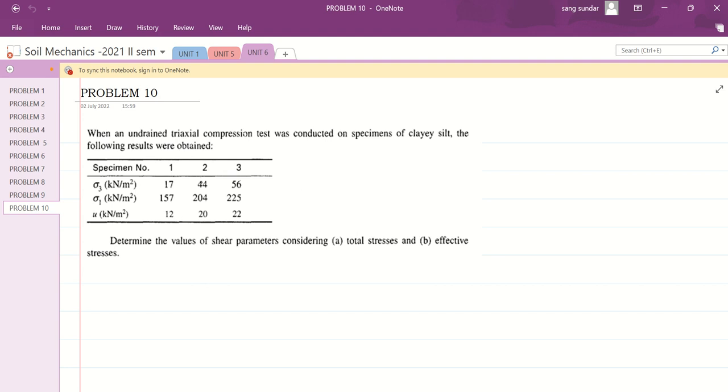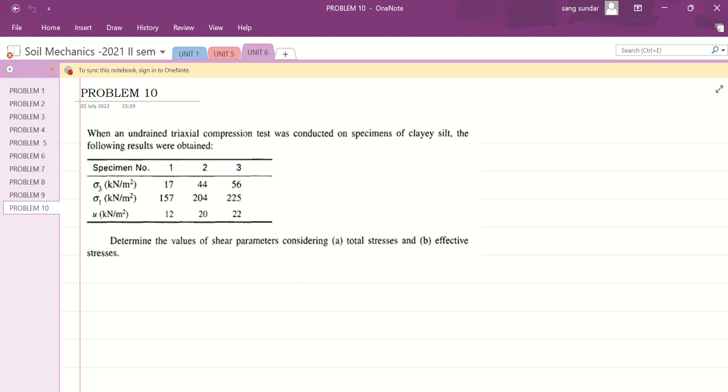On test 2 you got your sigma 3 value as 44 and sigma 1 value as 204, and pore water pressure is 20. On test 3 your sigma 3 is 56 and sigma 1 is 225 and u is equal to 22. Determine the values of shear parameters considering total stress and effective stress condition. So this is similar to our seventh problem, so I'll directly start answering.